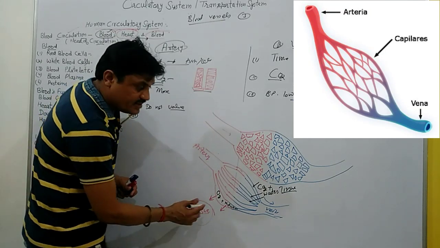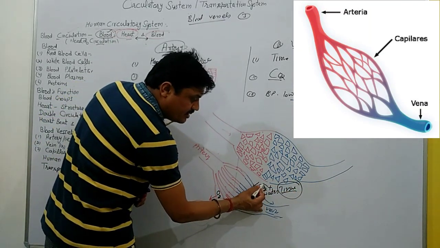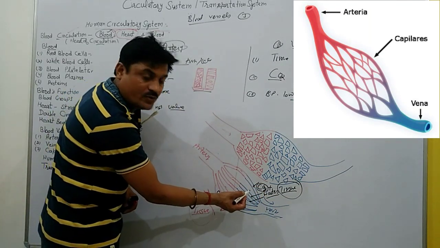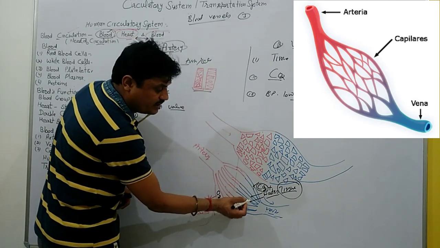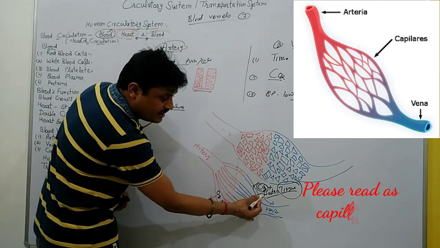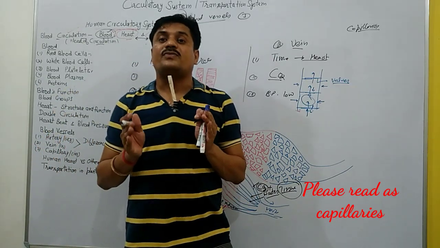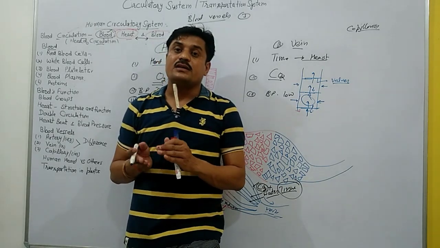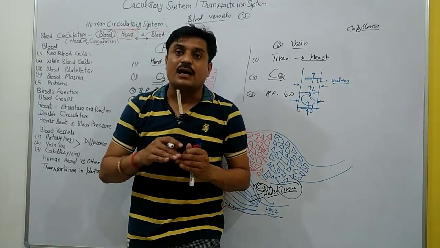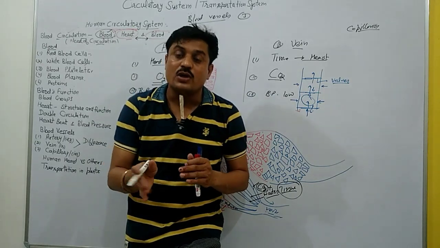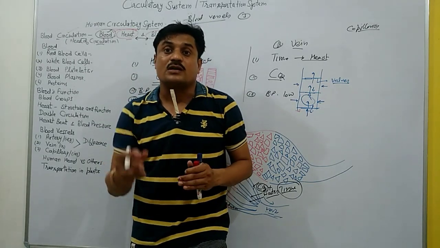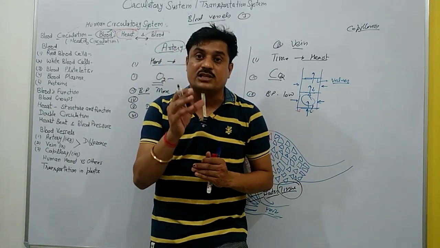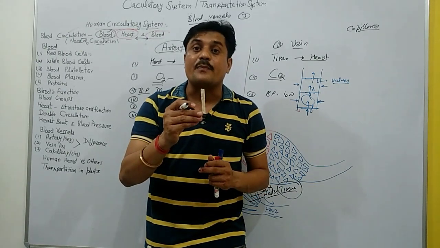At the same time, the tissue, which has more concentration of carbon dioxide and waste, this carbon dioxide being more in concentration, diffuses into the capillaries. So at the point of exchange, the useful substances like nutrients and oxygen are sent from the blood into the tissue, and at the same time the carbon dioxide and waste, which are in more concentration in the tissue, diffuse into the capillaries.